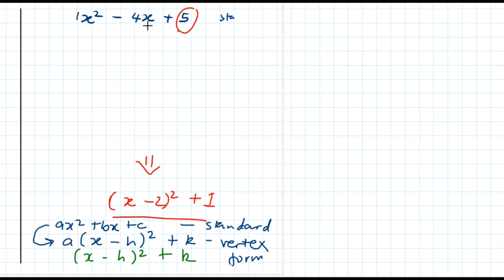Here it's already 1, so let's move on to the next step, which is to identify the coefficient of x, which is -4. We divide it by 2, which gives -2, and after dividing by 2, we square the result. We get 4, right? And now we have all that we need.